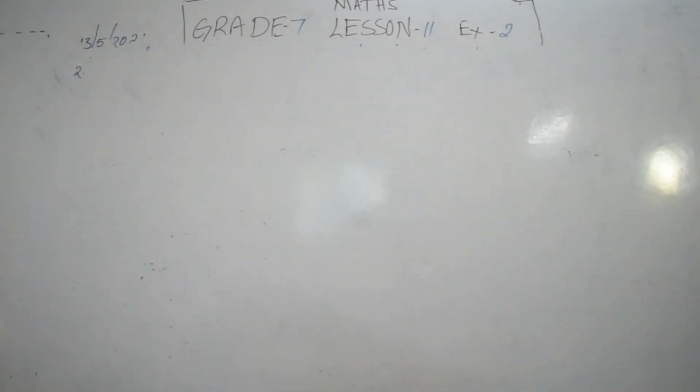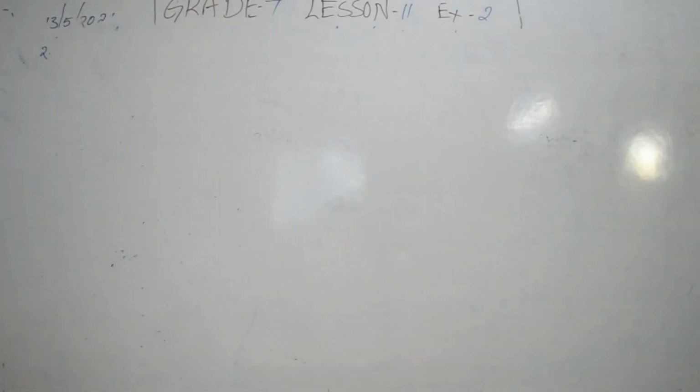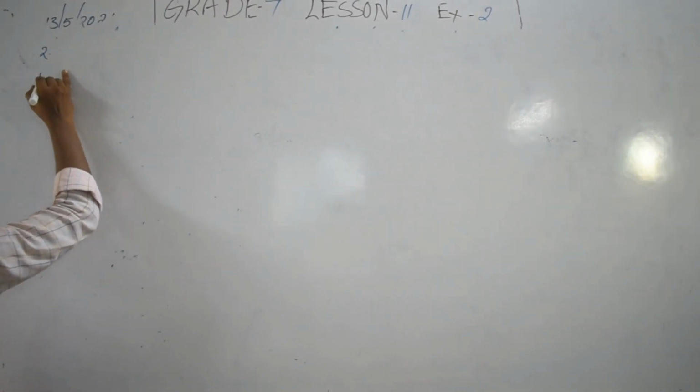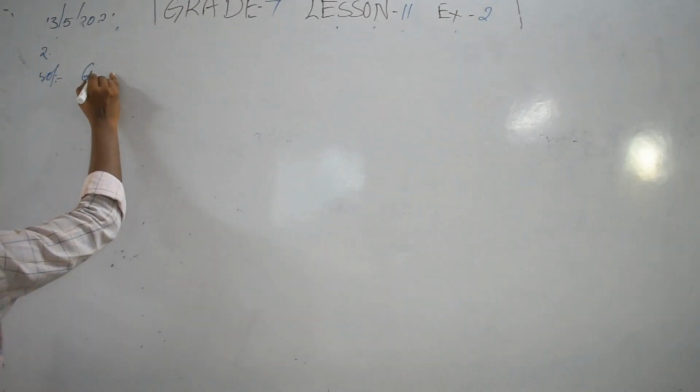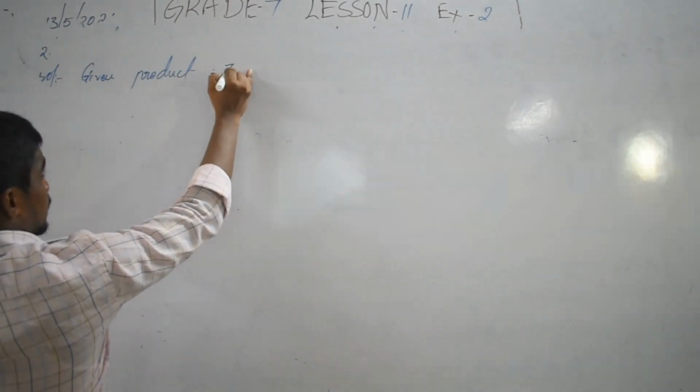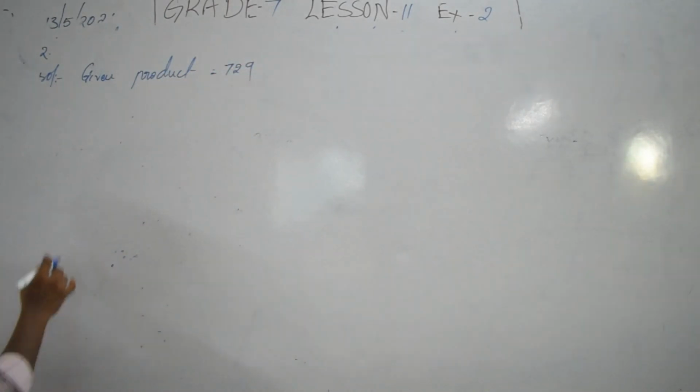See, second one: by what number should 3 power 4 be multiplied so that the product is 729? Here the product is given: 729.